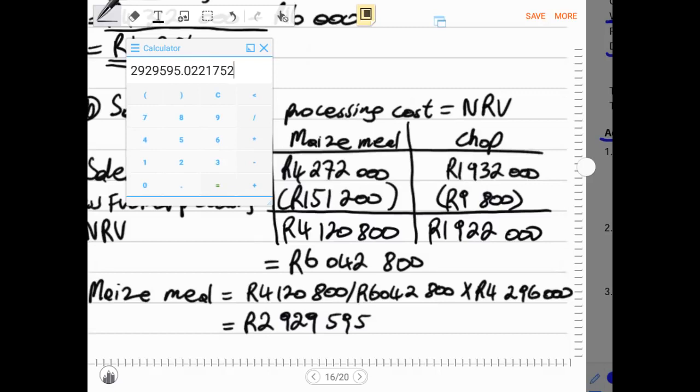Yes, it's 2,929,595. So now this is how the joint cost would have to be allocated.